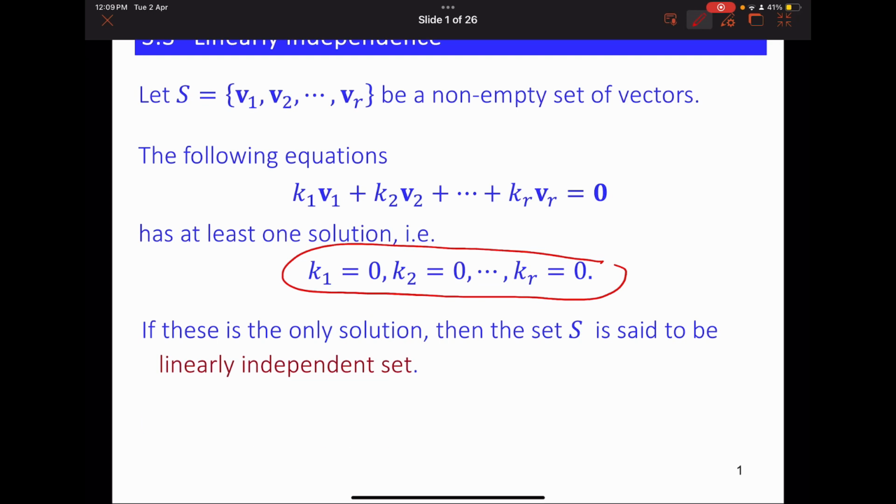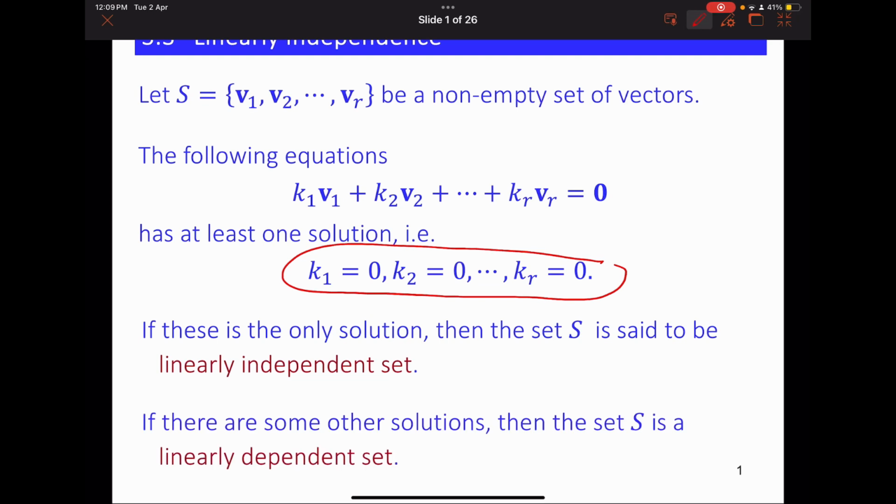On the other hand, if there are some other solutions, meaning a non-trivial solution exists, then the set S is a linearly dependent set.